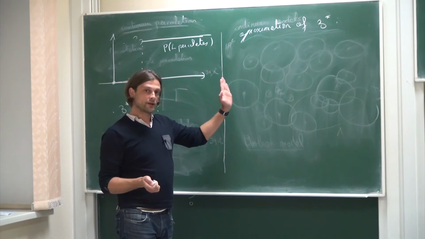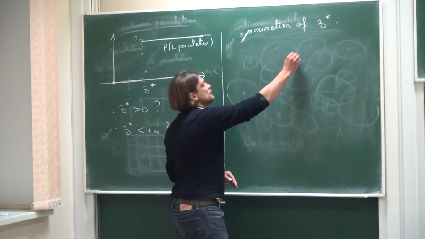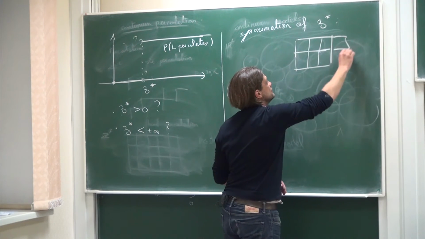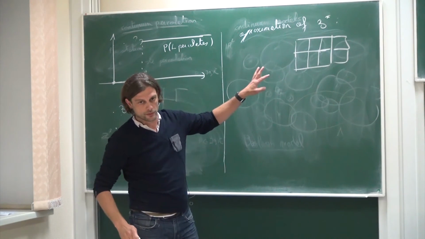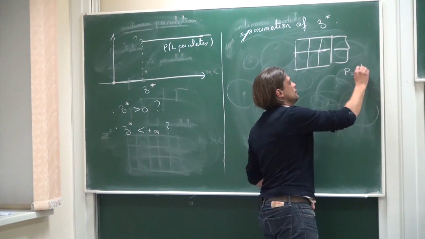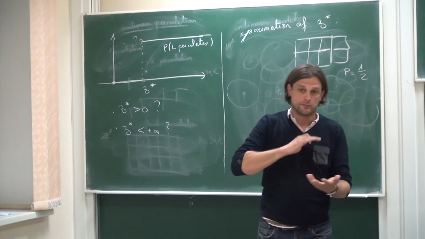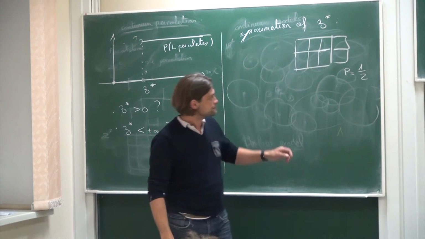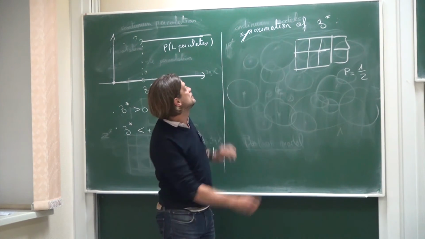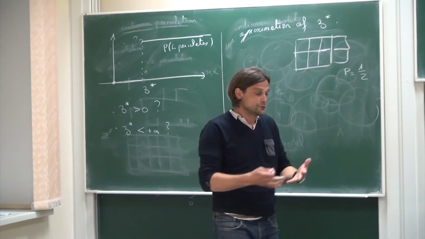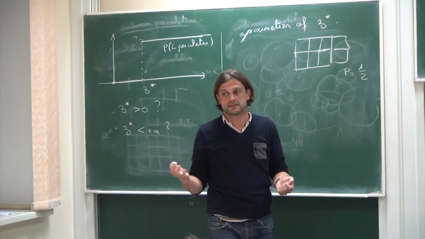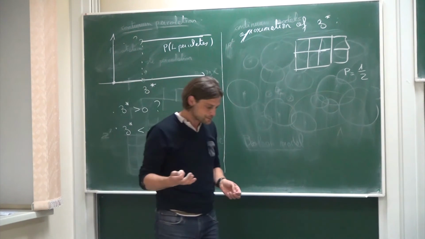In bond percolation, for a lot of models, if the model is self-dual, the percolation threshold is exactly at the point where the model and its dual are the same. But we need the self-duality of the model. Here, for the Boolean model, of course, the Boolean model and its complement do not have the same structure, so we cannot use this idea to find Z star.